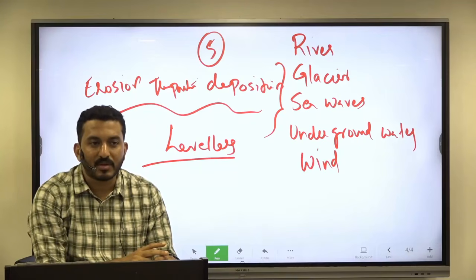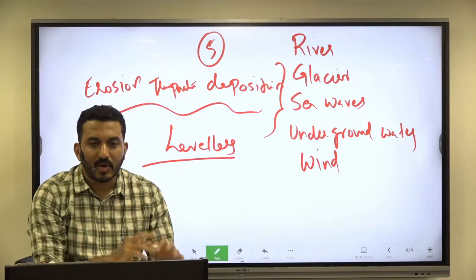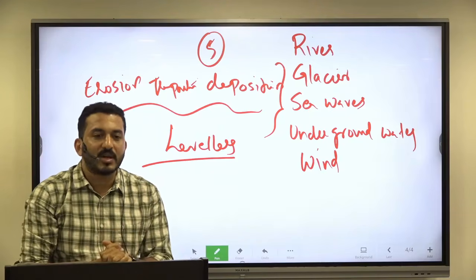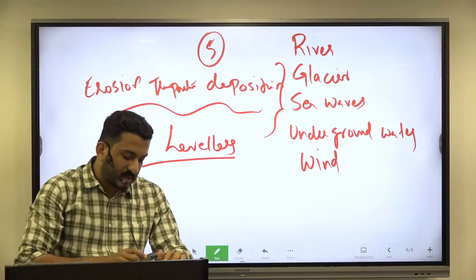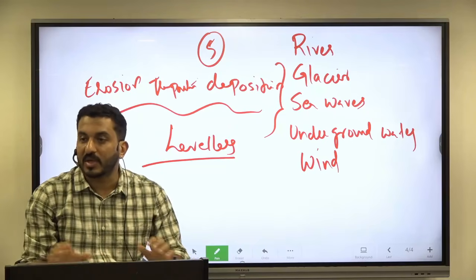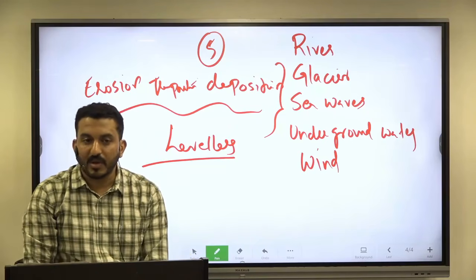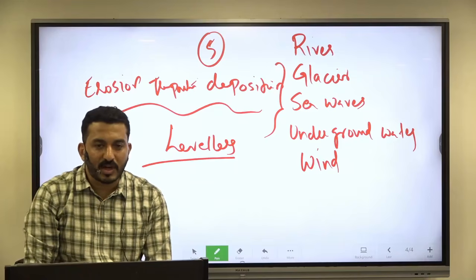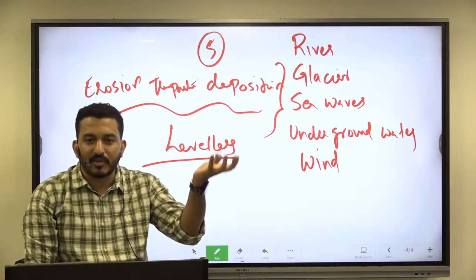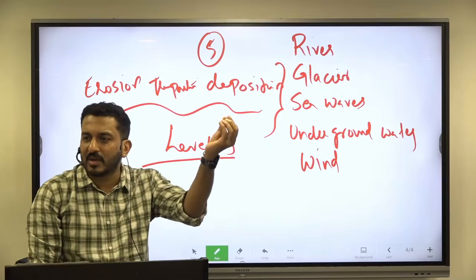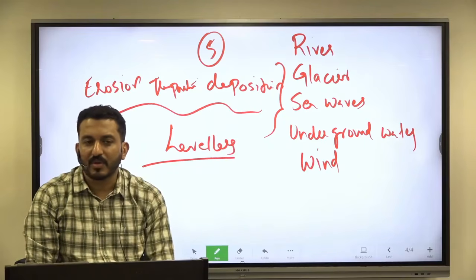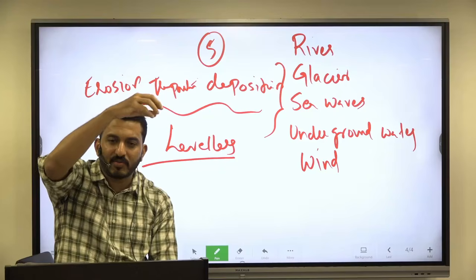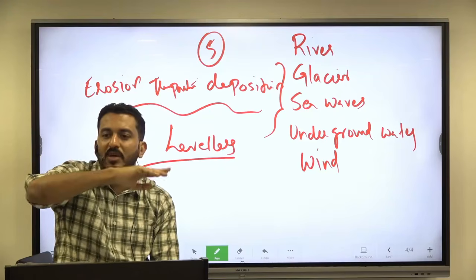On any landscape it is a resultant of endogenic as well as exogenic forces. If I talk about Himalaya as a landscape, endogenic force is increasing the height of Himalayas every second. But every second river Ganga or other river systems originating from Himalayas are eroding the Himalayas.